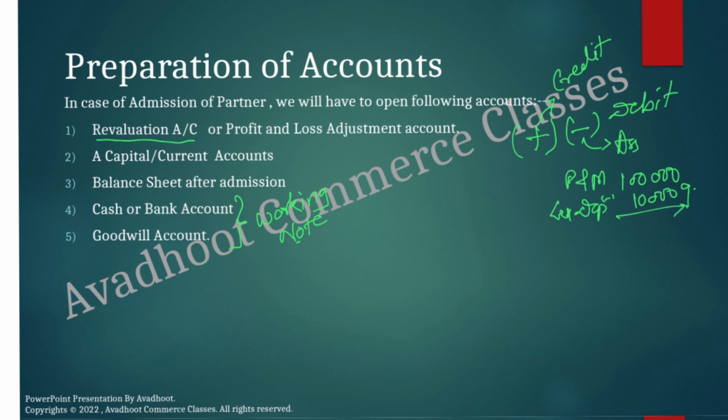Write the figure in the outer column, 90,000, and this 10,000 will go to the revaluation account debit side, which is also known as profit and loss adjustment account. And whatever the appreciation is, that goes to the profit and loss adjustment or revaluation account, which side? Credit side.